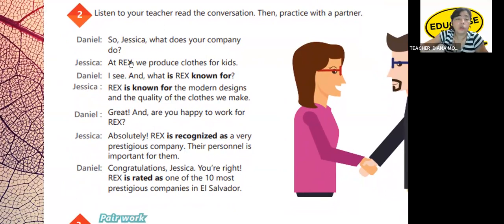So Jessica, what does your company do? At Rex, we produce clothes for kids. I see. And what is Rex known for? Rex is known for the modern designs and the quality of the clothes we make. Great.